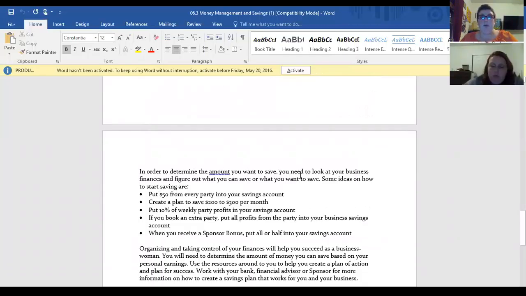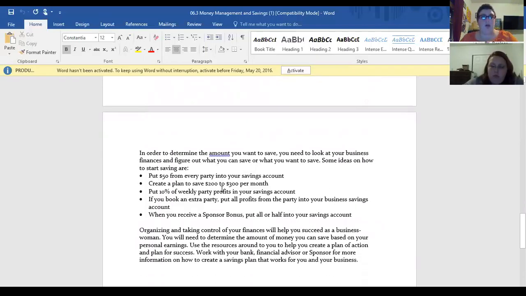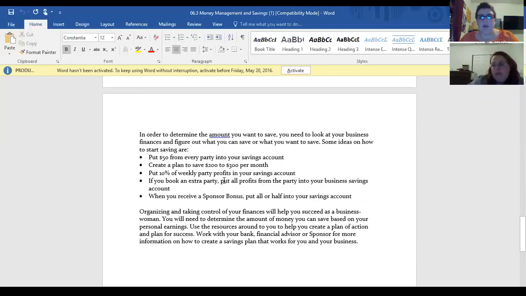In order to determine the amount you want to save, you need to look into your business finances and figure out what you can save. Some ideas to start saving are putting $50 from every party into your savings account. I do 25 just because I'm starting out, but just have a plan to save monthly. You can also put 10% of your weekly party profit into a savings account.